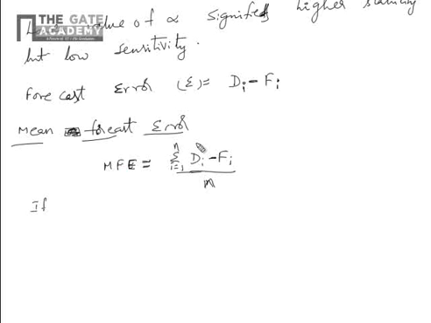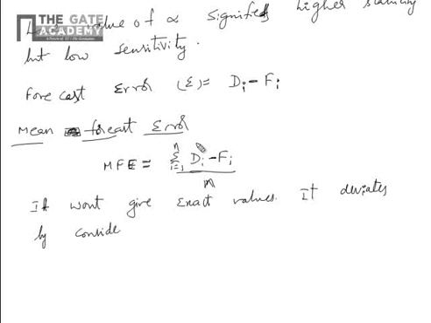So that's why it deviates. It won't give exact values, because it considers positive and negative errors.